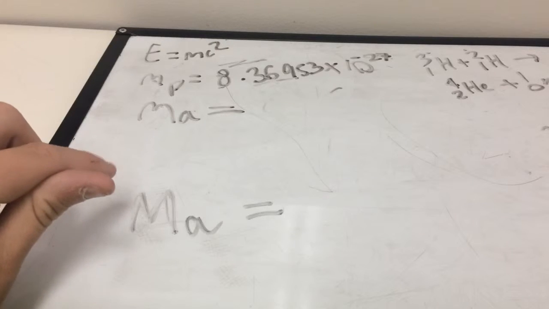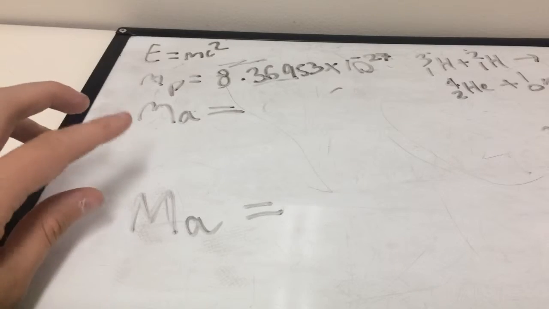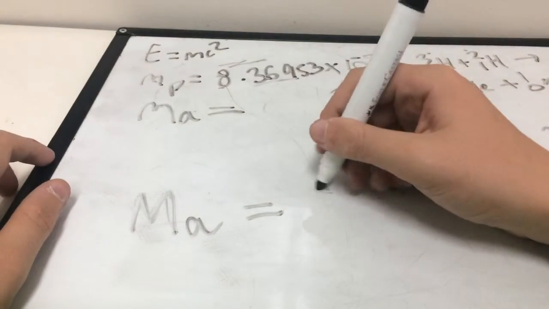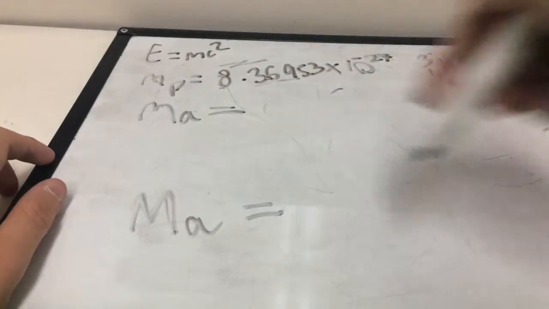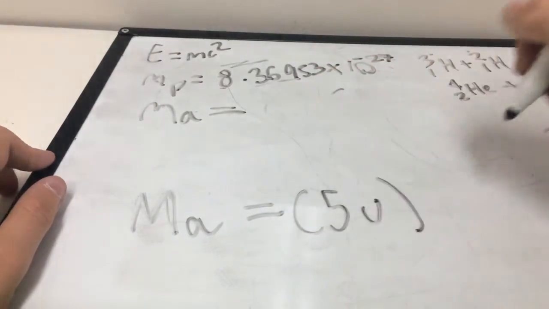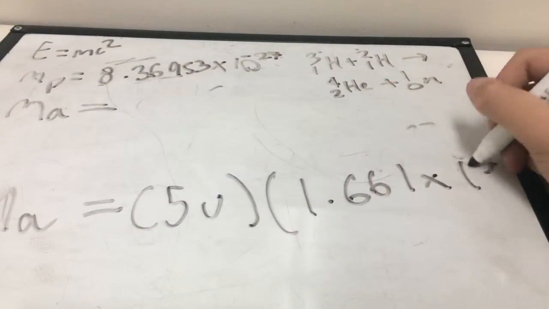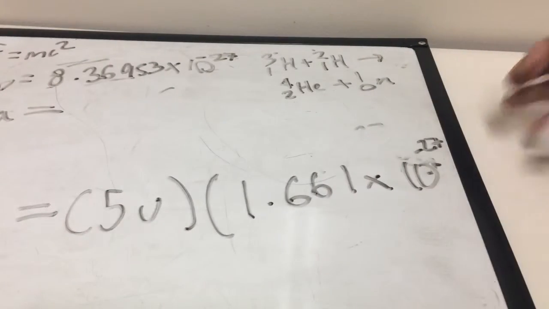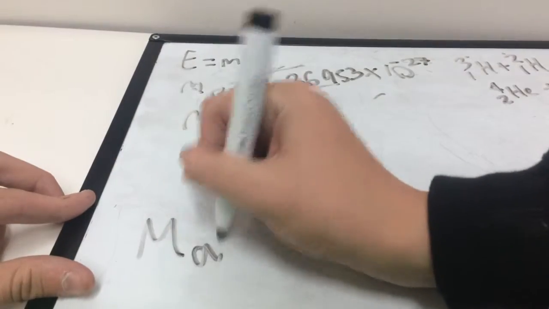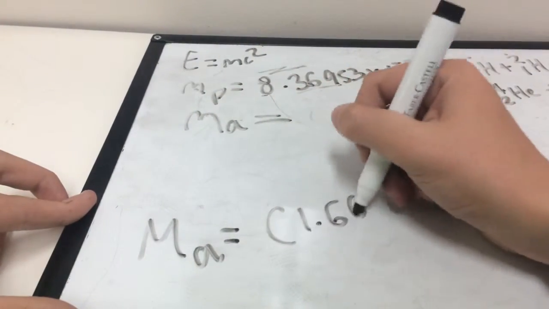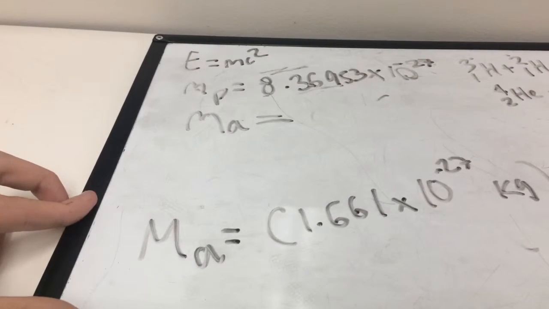Our actual mass is going to equal the 5 AMUs. I'll put a little u in there, and kilograms for the other one too, so you guys actually get it. To convert into kilograms, we multiply by that number before. So what was the number? I just hate working with a small whiteboard. 1.661 times 10 to the negative 27 kilograms multiplied by 5 AMUs.